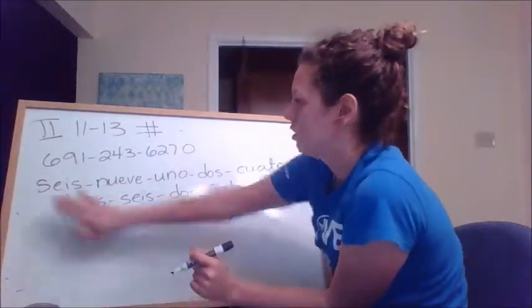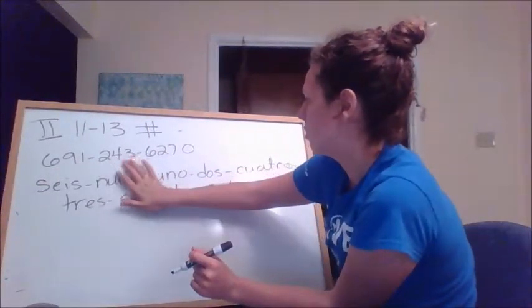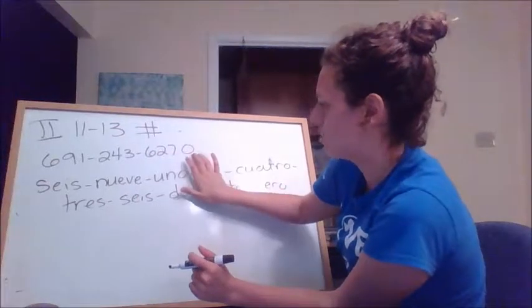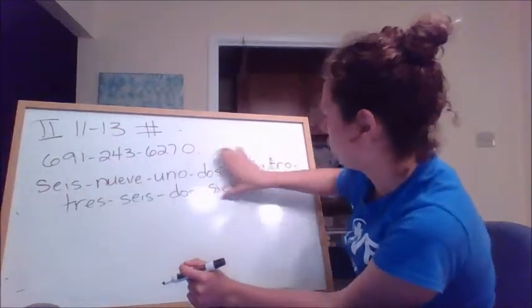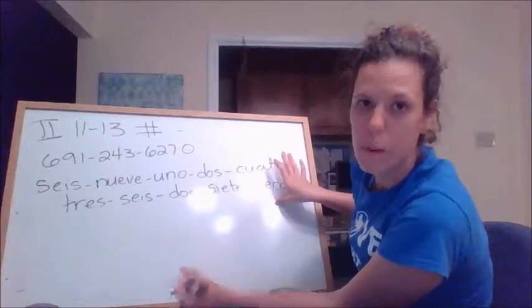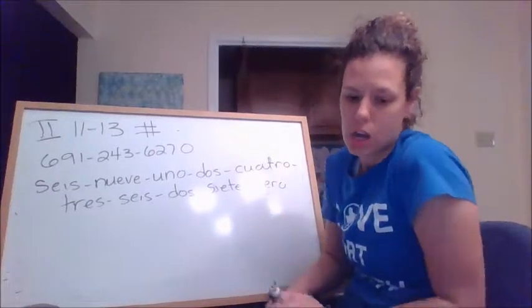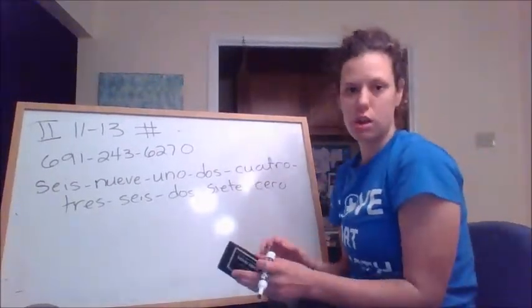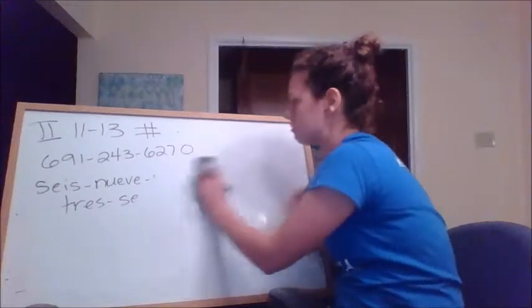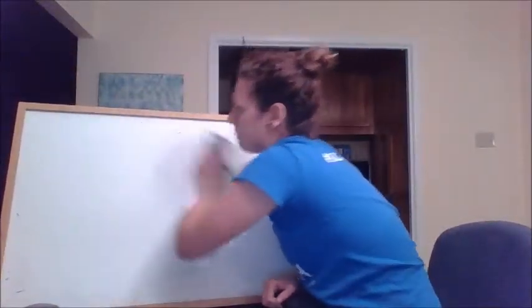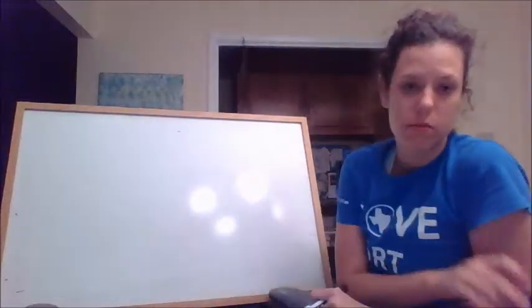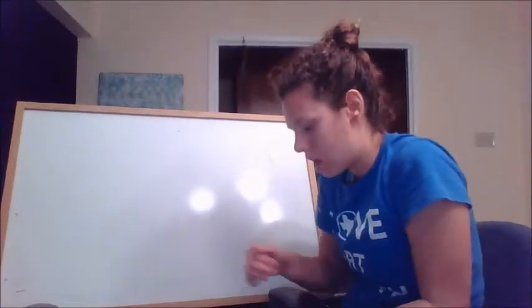Okay? So all you did is just write out the actual number words. So there's 3 questions like that. So you need to know numbers 0 through 10, 0 through 9.